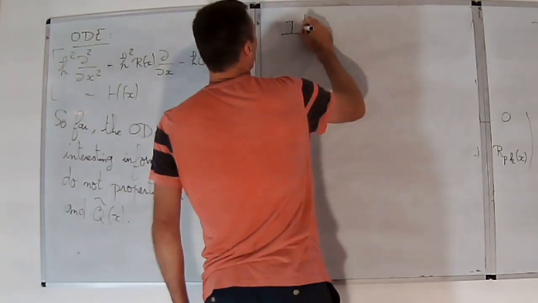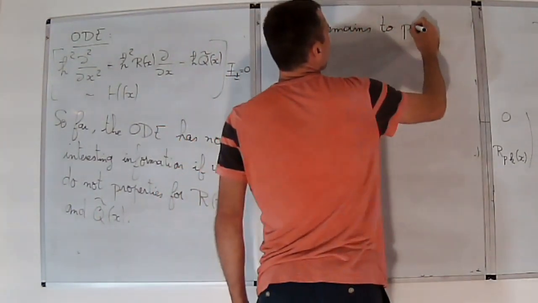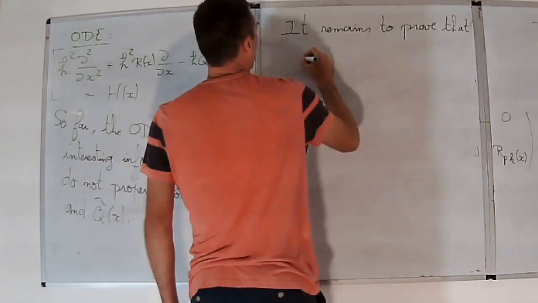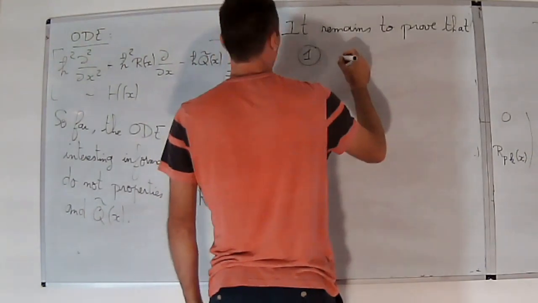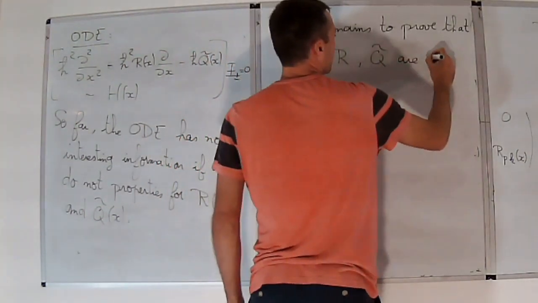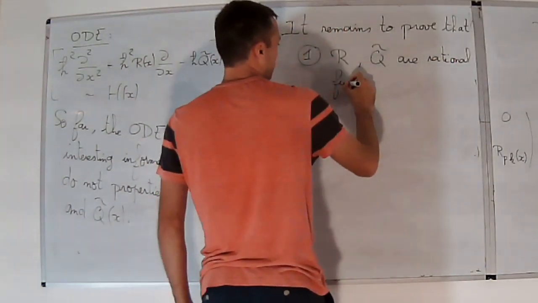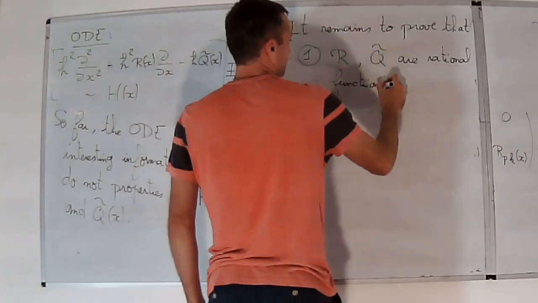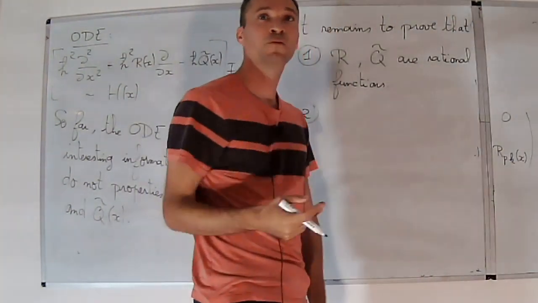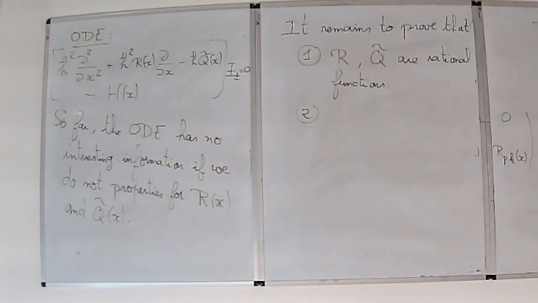so it remains, so the first step is that we have rational functions. Second step is, if we can show that these are rational functions, we need to control the location of the poles.